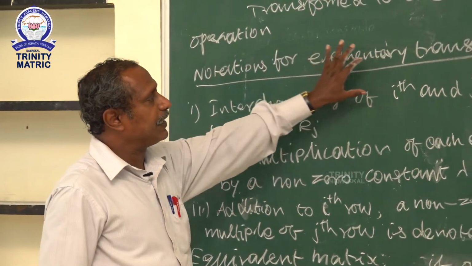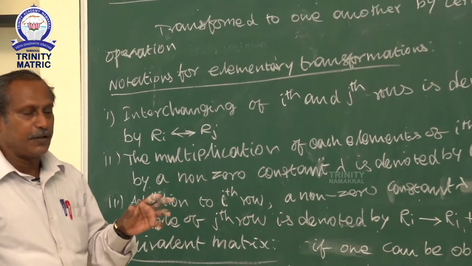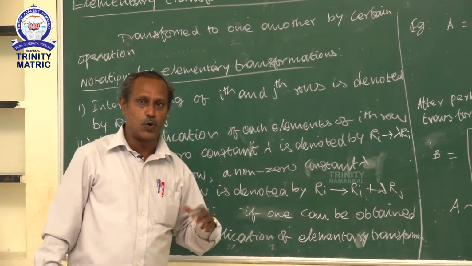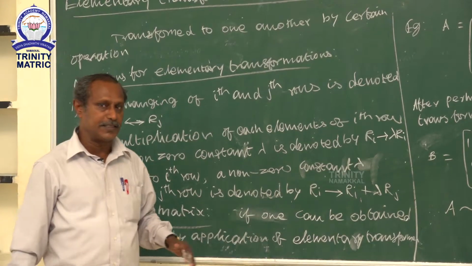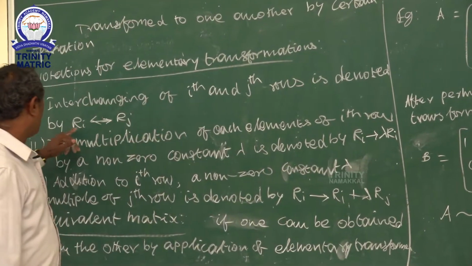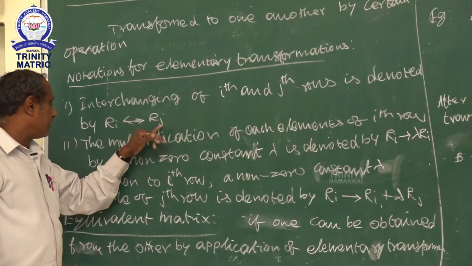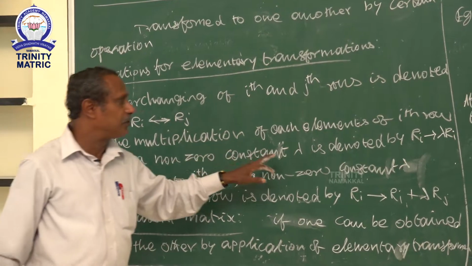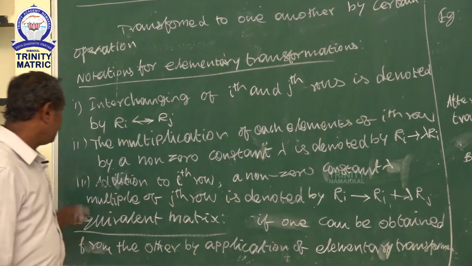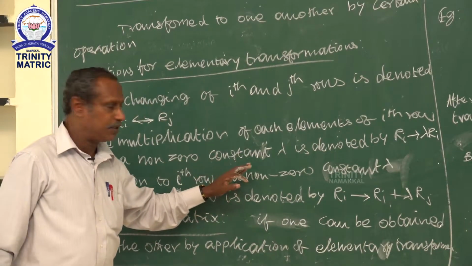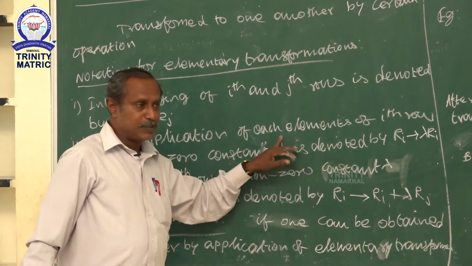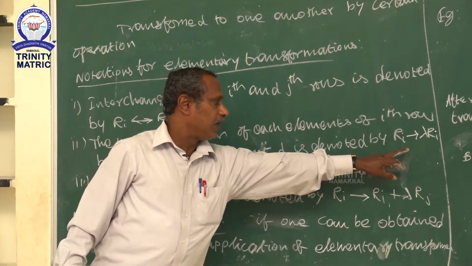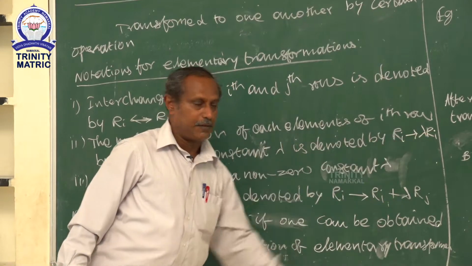Notations for elementary transformations: there are different notations. Interchanging the ith row and jth row of a matrix is denoted by Ri implies Rj. Multiplication of each element of the ith row by a non-zero constant lambda is denoted by Ri gives lambda Ri.